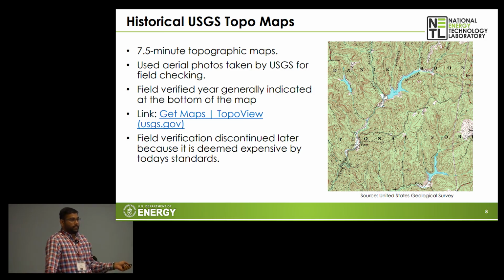They field checked these wells using aerial photos. It's not historical at the time, but USGS took aerial photos in the 1950s, and they went to the field and did field verification. So these circles are actually field checked by USGS.